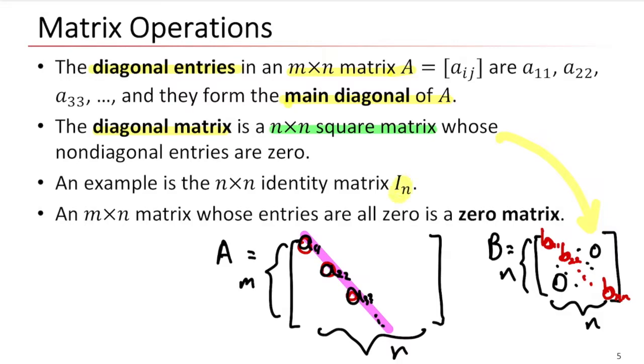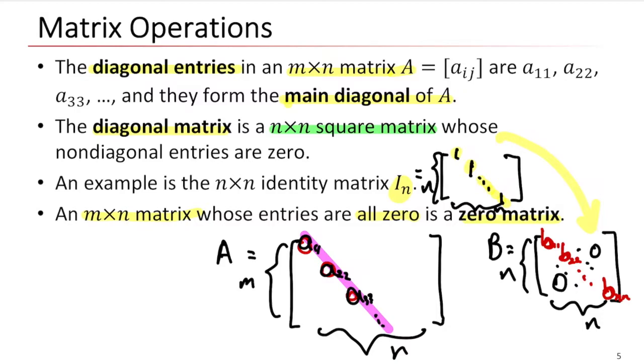What was the identity matrix? Something like this, right? With the size n by n. In this case, there are only non-zero entries on the diagonal. So this is a special case of the diagonal matrix, right? And then there's another n by n matrix whose entries are all zero, called the zero matrix.